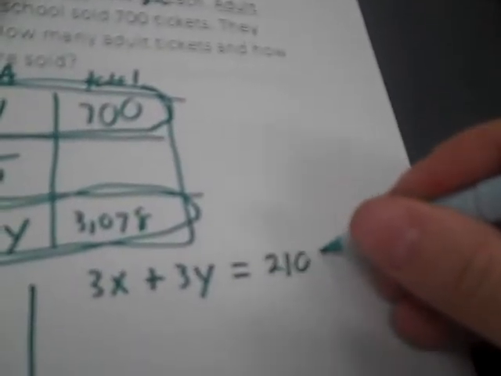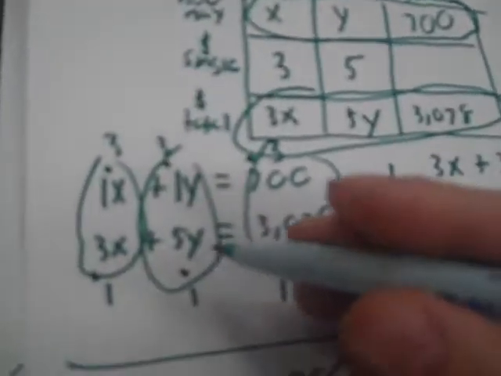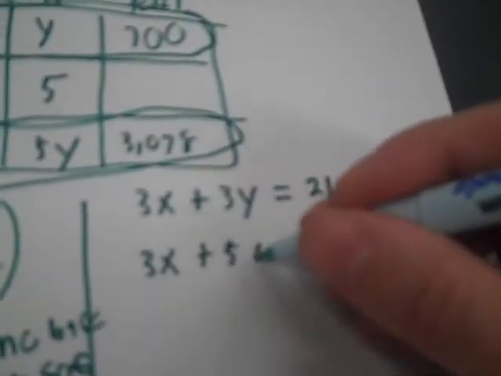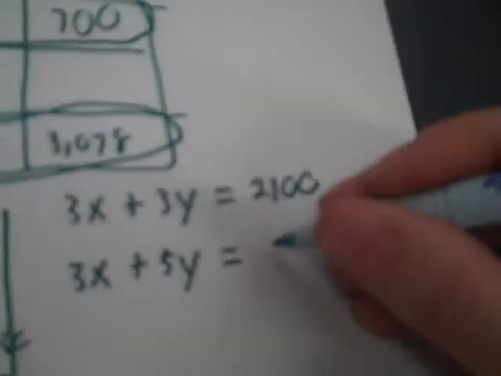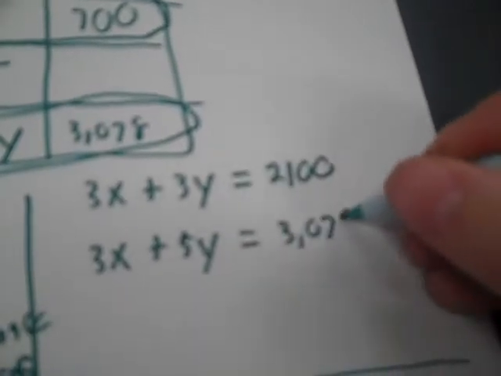And then I take 700 times 3. Okay, and I get 2,100. Okay, and then bottom, 3 times 1 is 3 with x. 5 times 1 is 5 with y. Then 3,078 times 1 is 3,078.